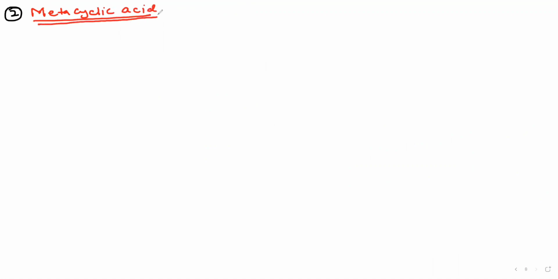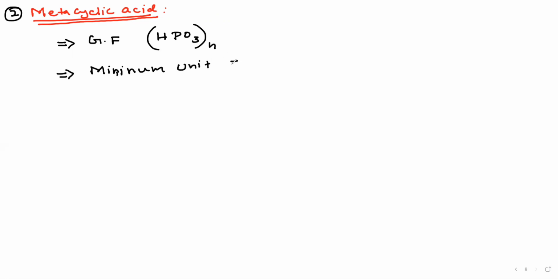Same thing. Now, please note the key points one by one. First point, the general formula: (HPO3) n times, cyclic, right? Now, what is the minimum value of n, the minimum unit? The minimum unit for metacyclic should be 2.